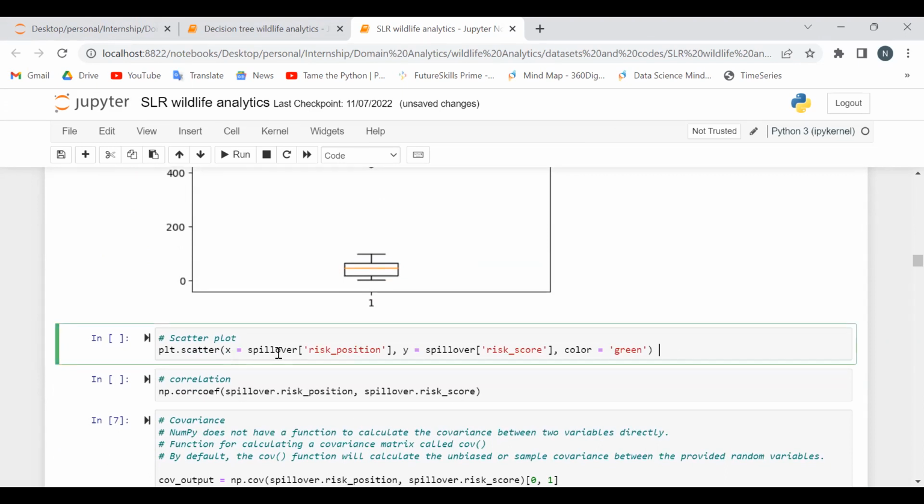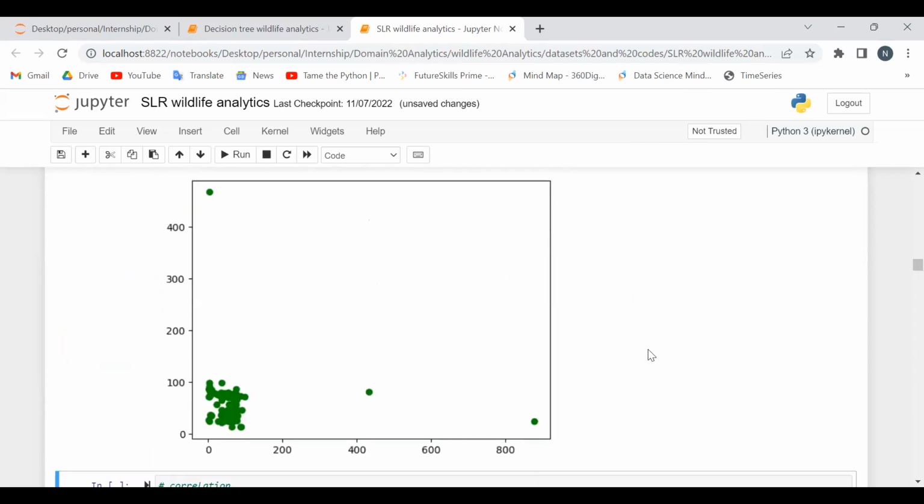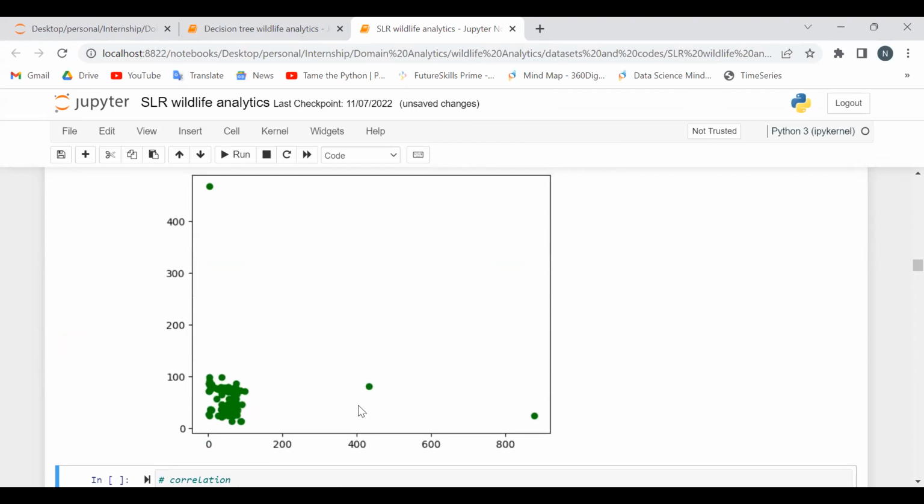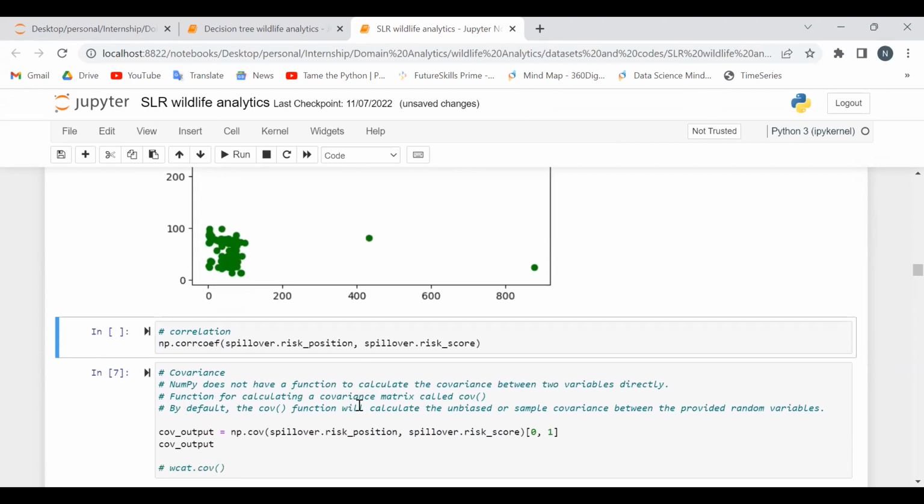Scatter plot, which is a bivariate graphical representation, shows us the graph of two variables. So this is how the graph is distributed. We have all the data accumulated between 0 to 100.